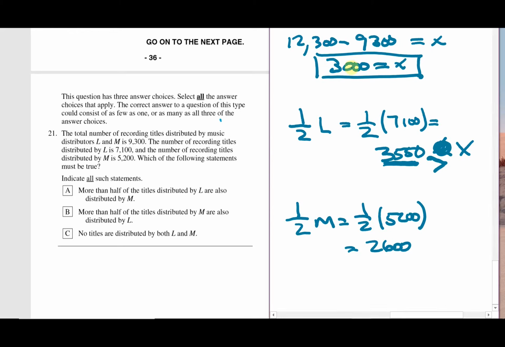Because this is 3000, and this is 3550, we're representing plus 550. These were not distributed by M. Only 3000 were distributed by both, so that doesn't follow.